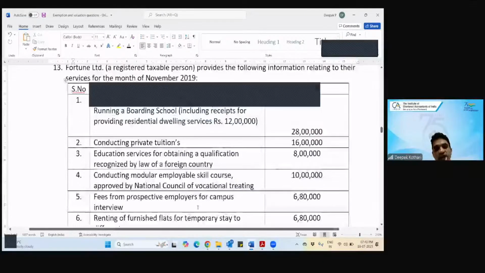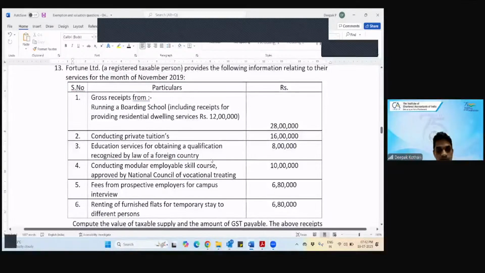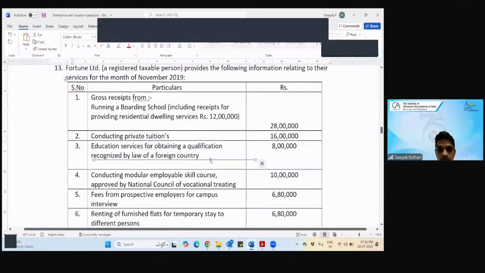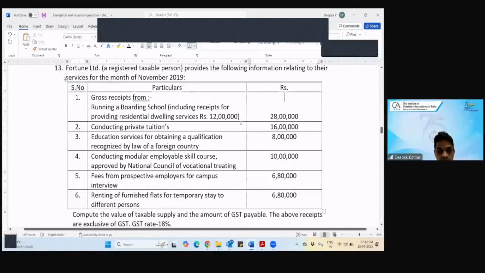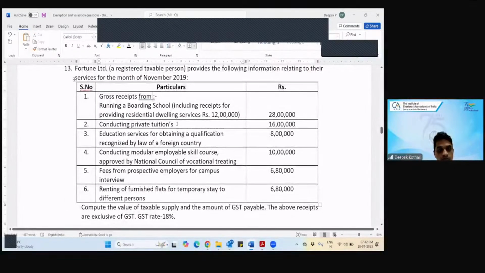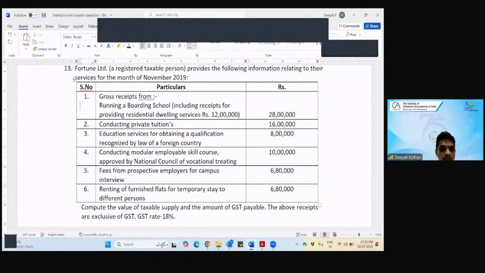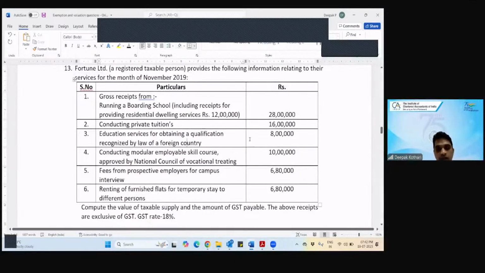The above receipts are exclusive of GST and the rate of GST is 18%. Okay, everybody's busy working it out. Good.